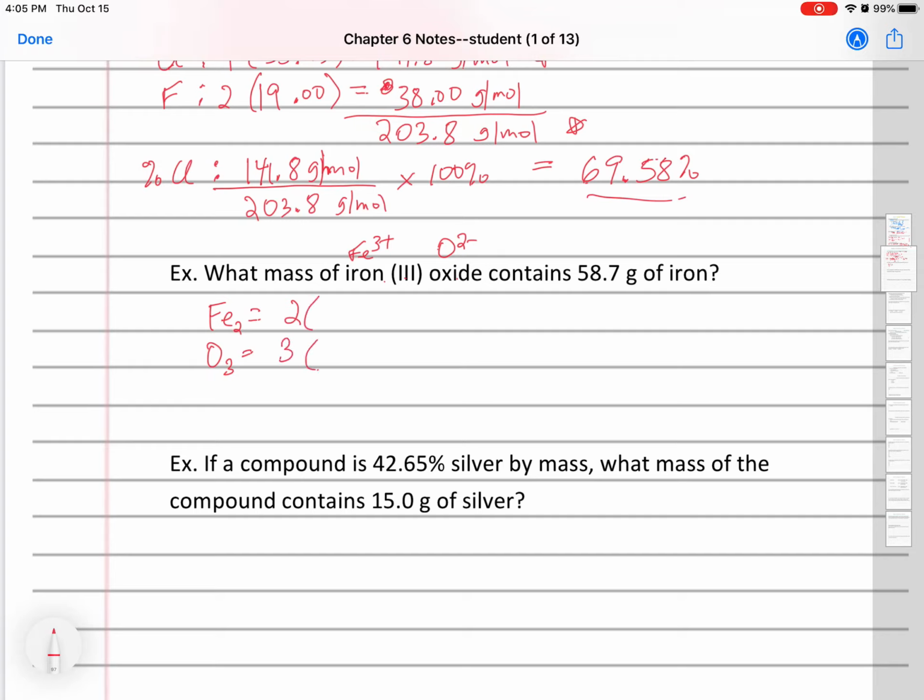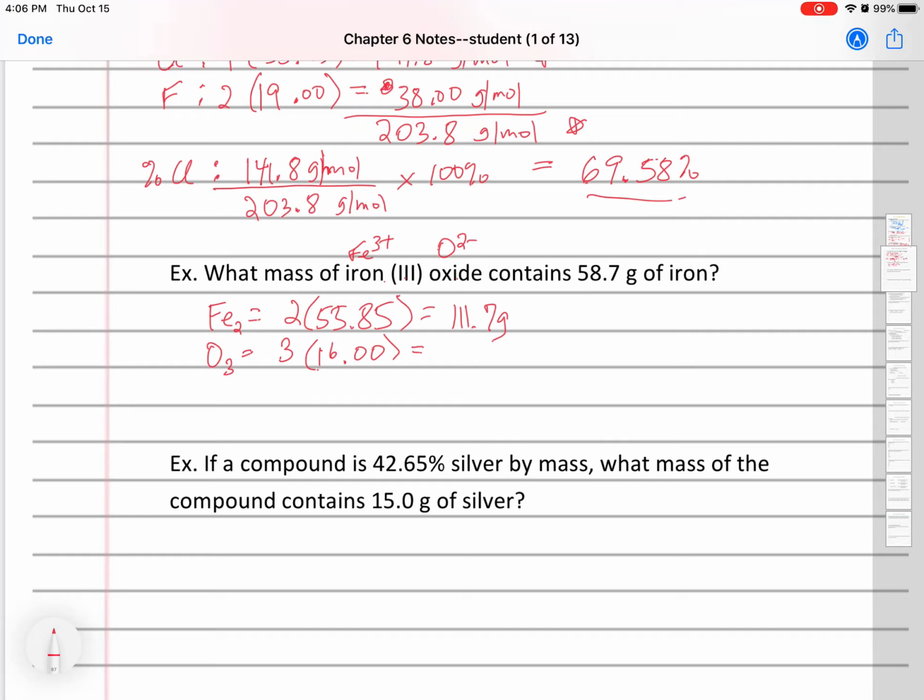So iron's atomic mass is 55.85, and I'm just getting these off the periodic table. And oxygen's atomic mass is 16.00. So the total mass of iron in iron 3 oxide is 111.7 grams.